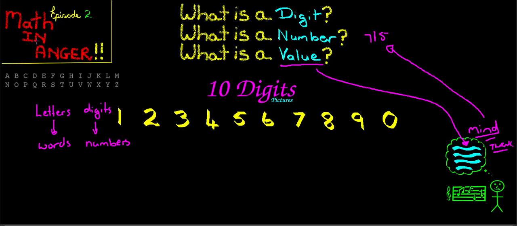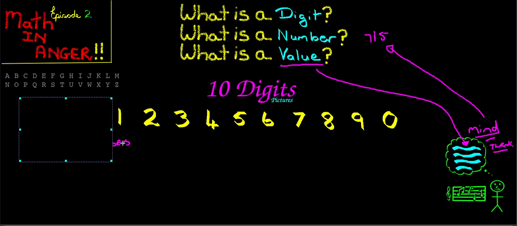But we do need to take this a little bit further in order to explain exactly what these digits actually mean. Now, a long time ago, before our great grandfathers and mothers, there was a way in which we used to draw these pictures.